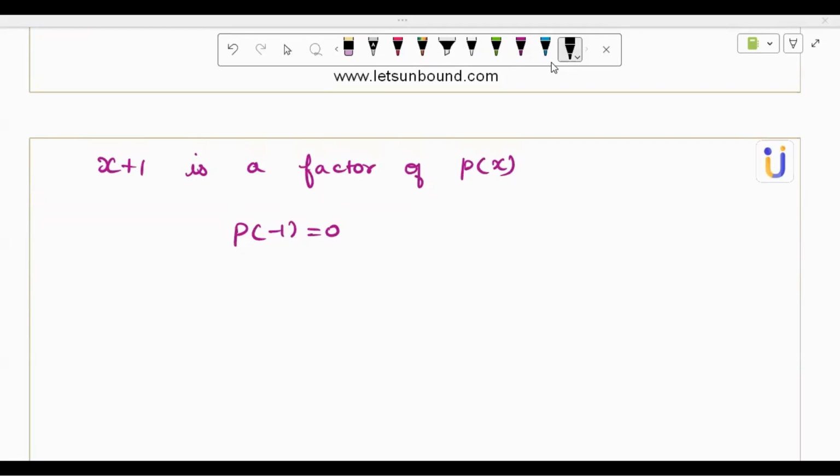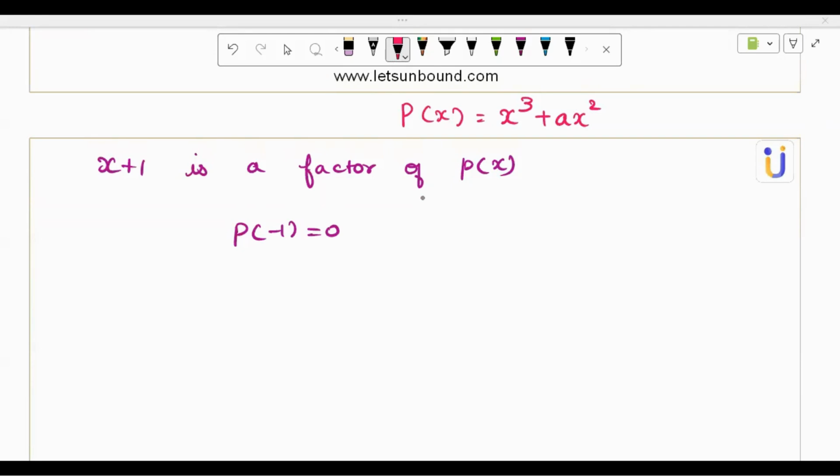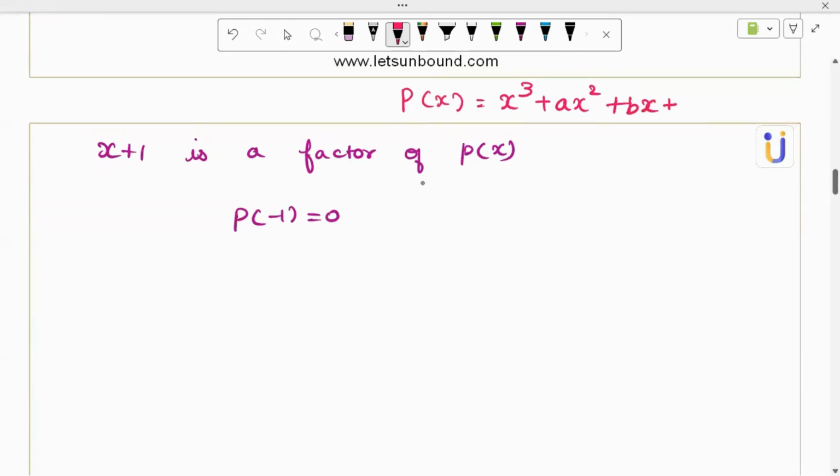P of minus 1 is 0. Let's substitute what P of x is. I'm writing it here for reference: P of x is x cubed plus ax squared plus bx plus c. So P of minus 1, when I substitute, is minus 1 the whole cubed plus a times minus 1 squared plus b times minus 1 plus c equals 0.